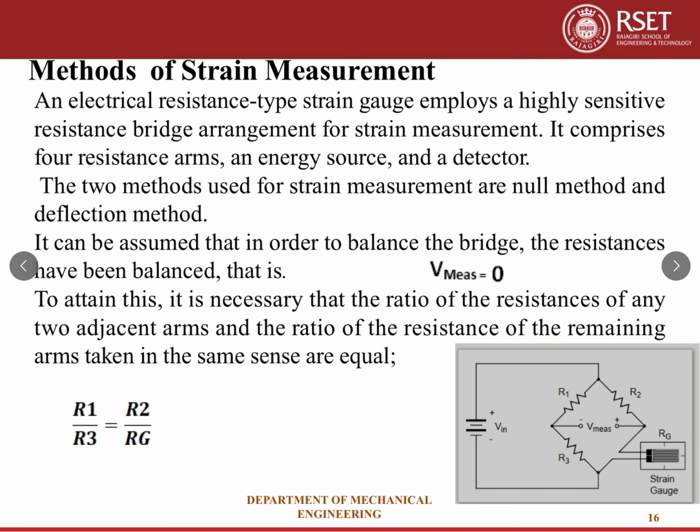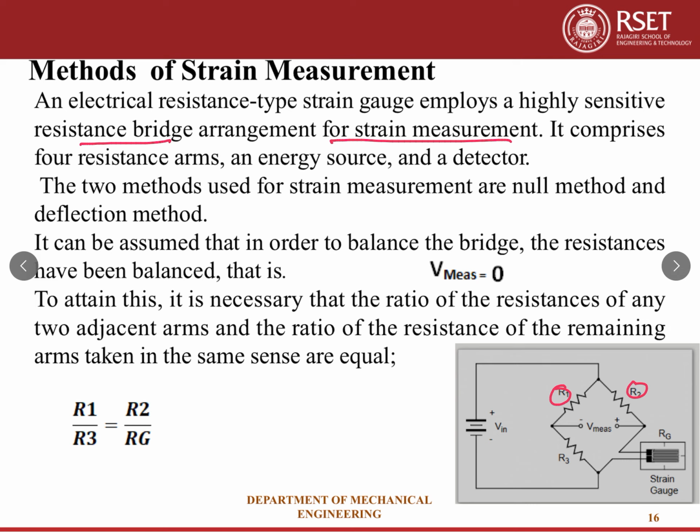So, method of strain measurement. An electrical resistance type strain gauge employs a highly sensitive resistance bridge arrangement, that is the Wheatstone bridge arrangement, for strain measurement. Here we can see a Wheatstone bridge. In the image we can see four resistances R1, R2, R3 and Rg.